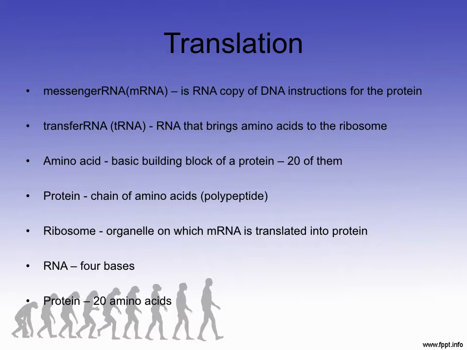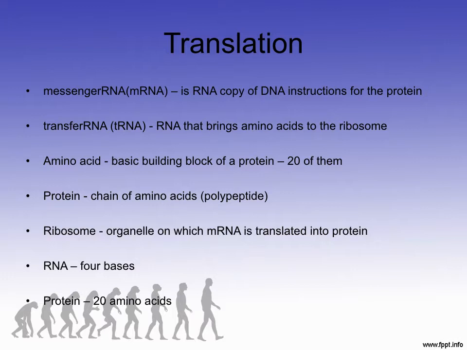Translation is that process of making a protein, translating the messenger RNA into a protein. The messenger RNA is the RNA that started out in the nucleus. It's the RNA that was the result of transcription of the DNA, of the gene. The pre-messenger RNA, or the immature mRNA, has the exons and the introns.